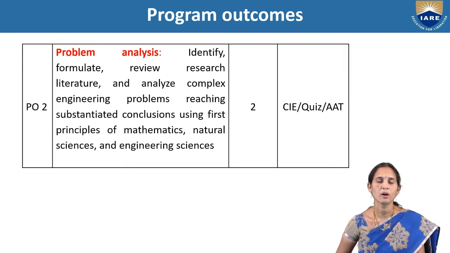So PO2, problem analysis: identify, formulate, review research literature and analyze complex engineering problems reaching substantiated conclusions using first principles of mathematics, natural science and engineering sciences. We have given strength 2 because we are not discussing problems in all 5 modules. In the modules where we discuss problems, only in those are we giving strength.